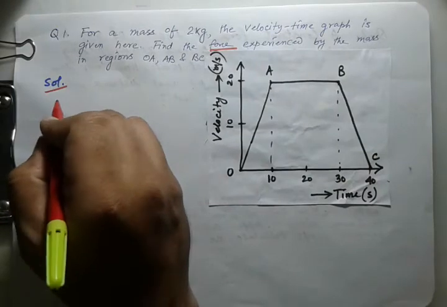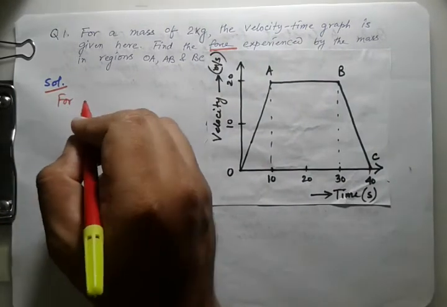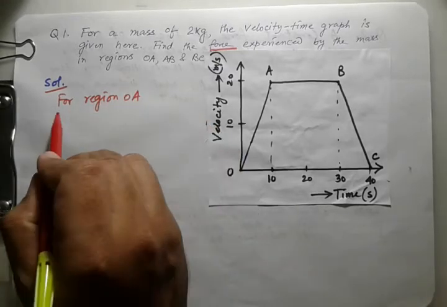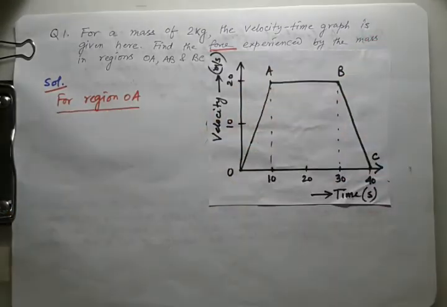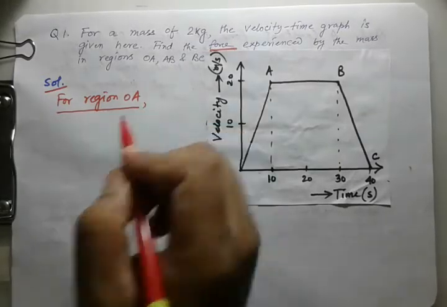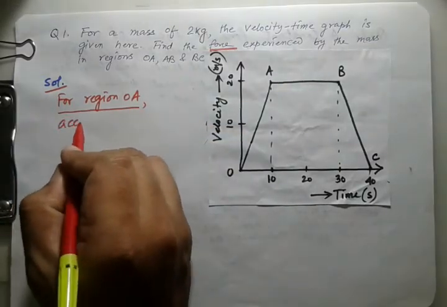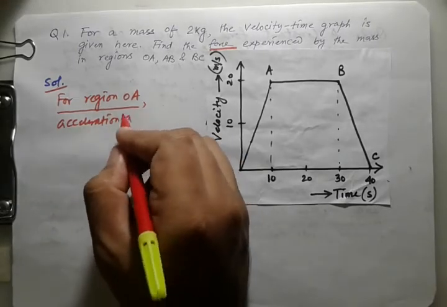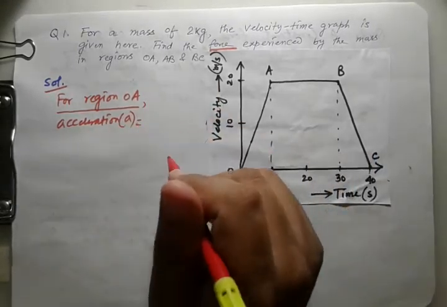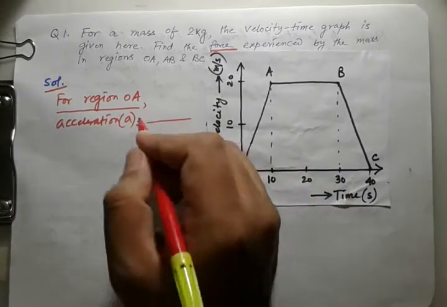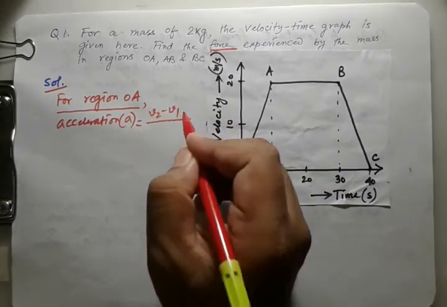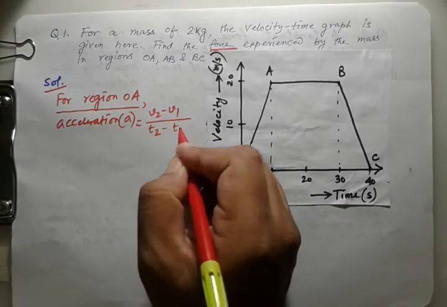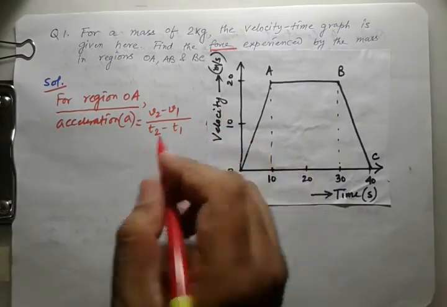Right, so for region OA, we are going to find the acceleration. What is the meaning of acceleration? a is V2 minus V1 by T2 minus T1, the change in velocity by change in time.